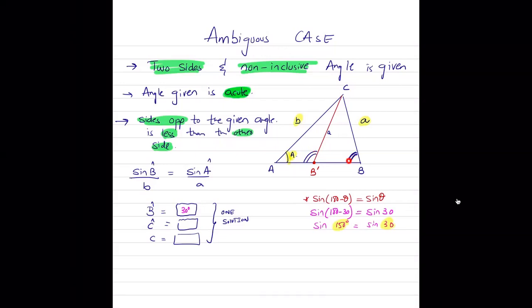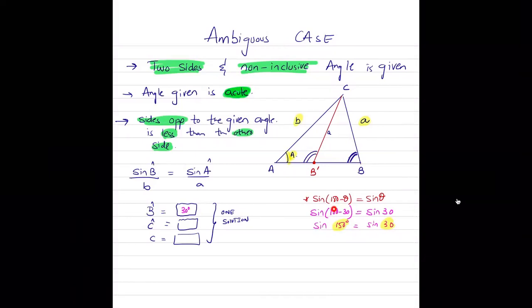So if this angle comes out to be 30, then another possible solution of angle B is going to be 150, because for 150 I get the same sine value as sine 30 degrees.